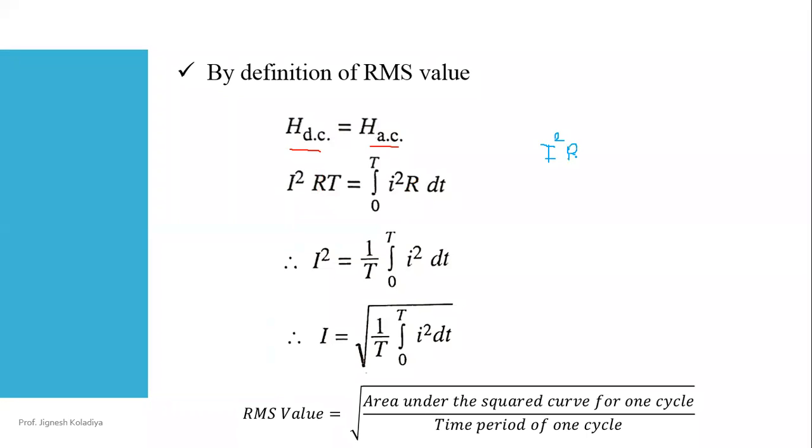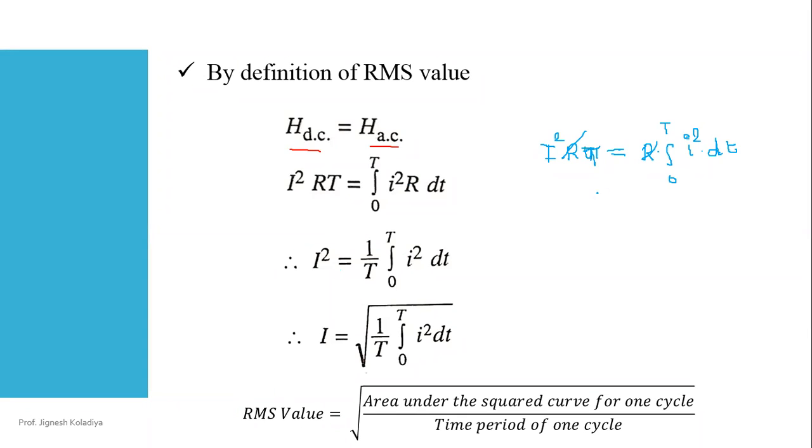So actually this equation is I square T is equal to R into integration 0 to T I square into dt. In this way I can write. Now R and R is cancelled. So what I have, this T we have to take capital.